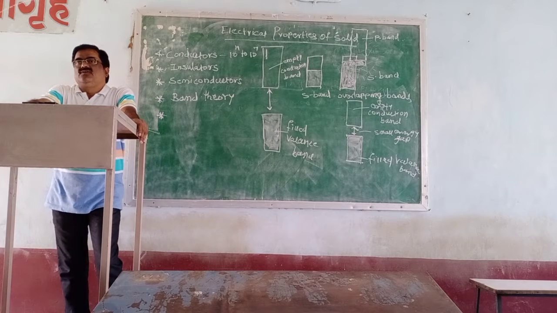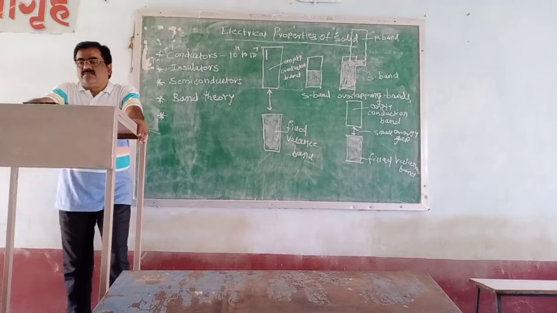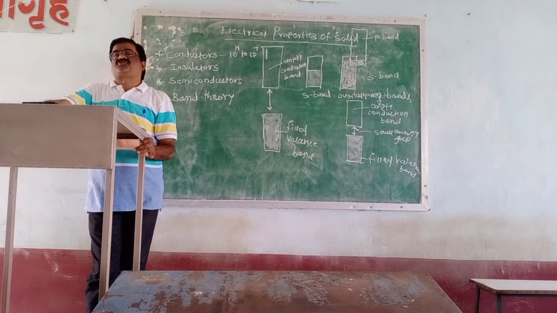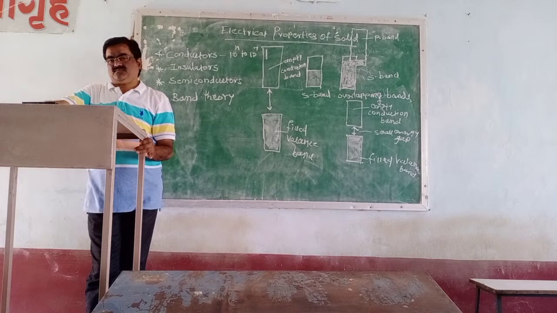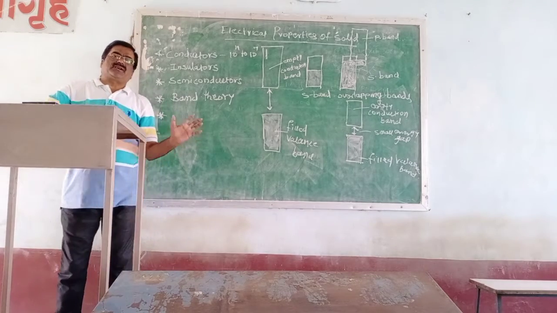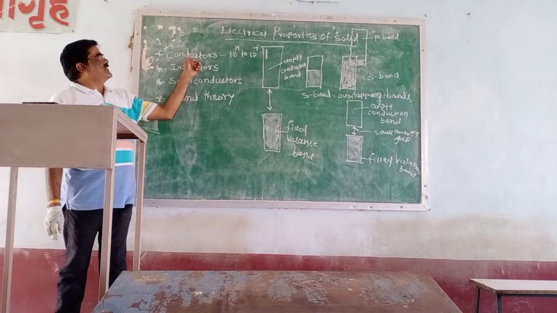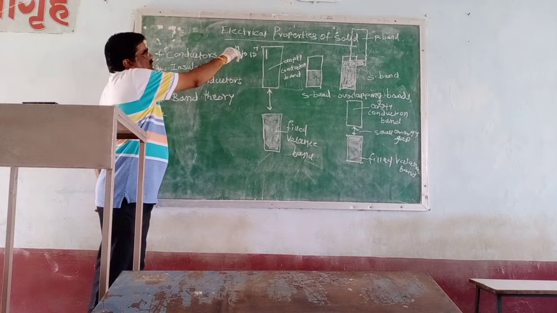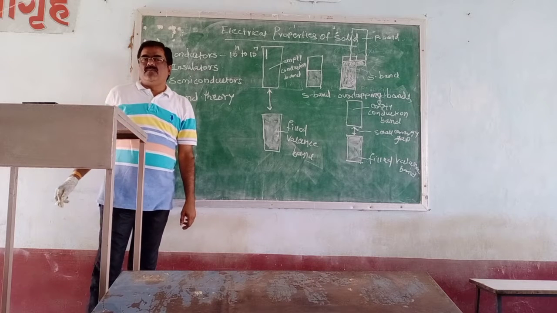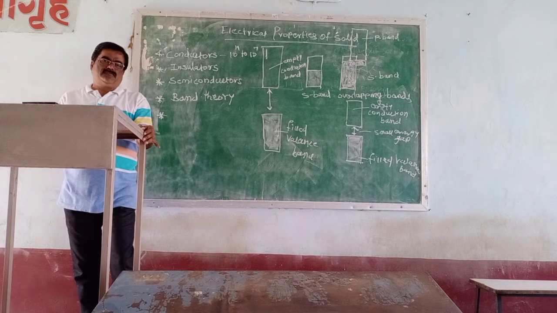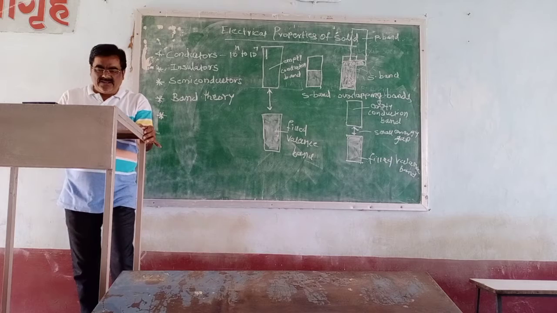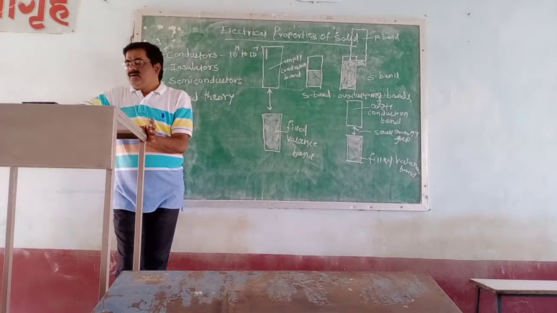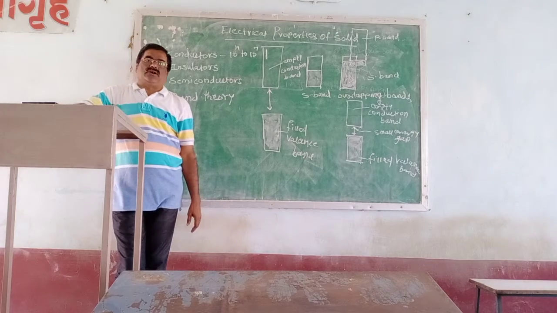In this section we will study some aspects of the electronic conduction of electricity. Conductors have their conductivity between 10 to the power 4 to 10 to the power 7 ohm per meter. Examples are metals and electrolytes.